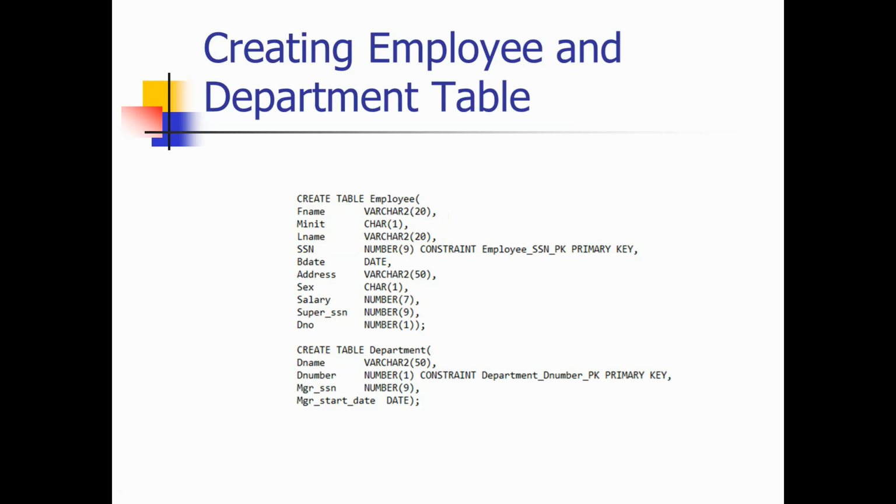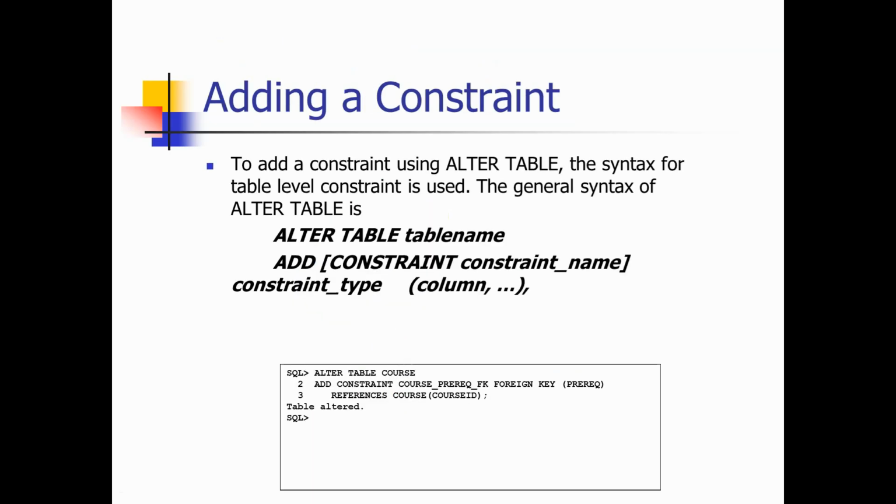And after the two tables are created, we can use the next important concept, which is called alter table. This again is a reserved word or a command in Oracle for you to add the constraints back to the table. So what you would do is that after the two tables are created, you say alter table, indicating you want to alter the table by adding something, deleting something.